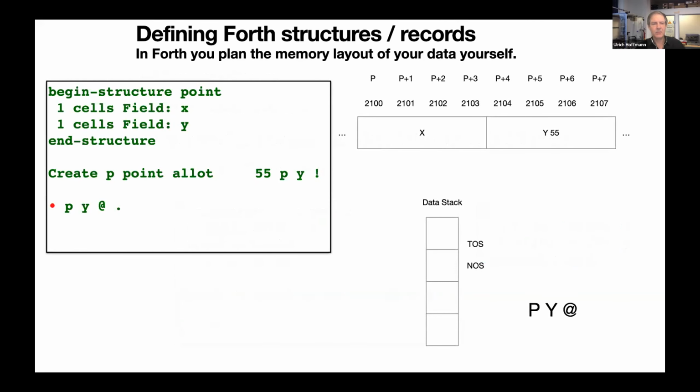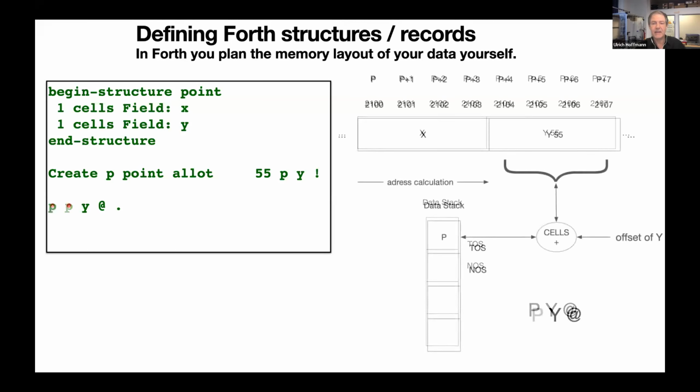And so let's see how this works. I have on the left the code again, and there's the red bullet that says where we are about to execute. So we assume that the field y is already initialized with 55. And now we want to execute p, which of course, as it's a variable-like thing, puts the address of p on the stack. Then we want to execute y, which is a field, and it knows about its offset relative to any structure that is a point structure.